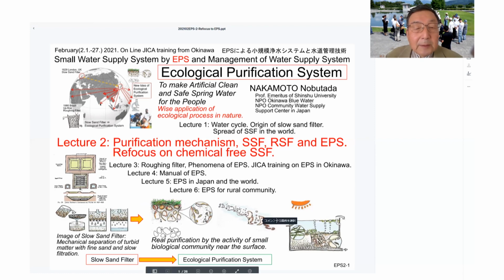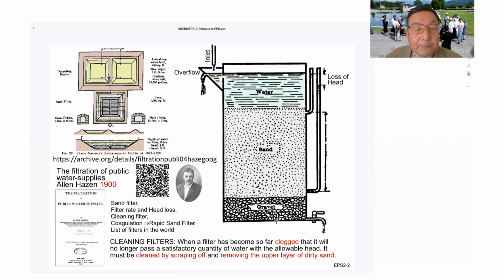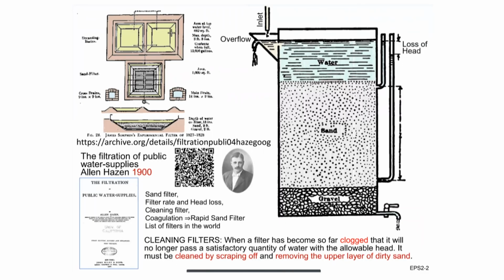So let's start in more detail. At that time, the slow sand filter was introduced with turbid water, which flows into the sedimentation basin, and then the supernatant flows into the slow sand filter, in a vertical flow.